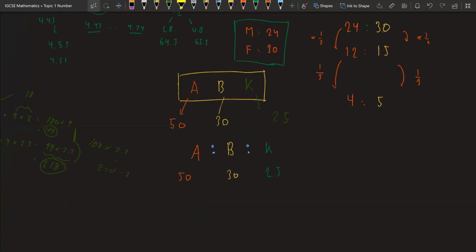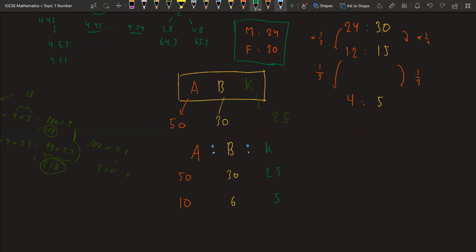Since all of them have 5 as a common factor, I could divide all of them by 5. Then this one has 10. I could divide 30 by 5, I get 6. 25 by 5, I get 5.